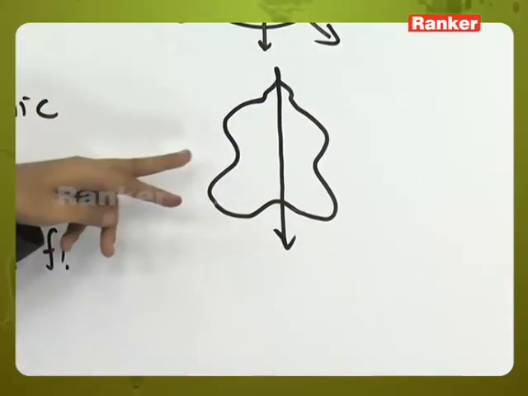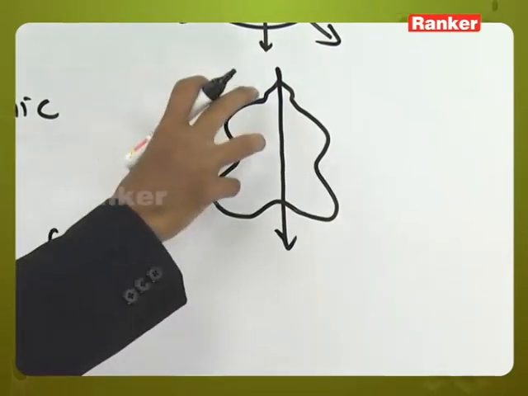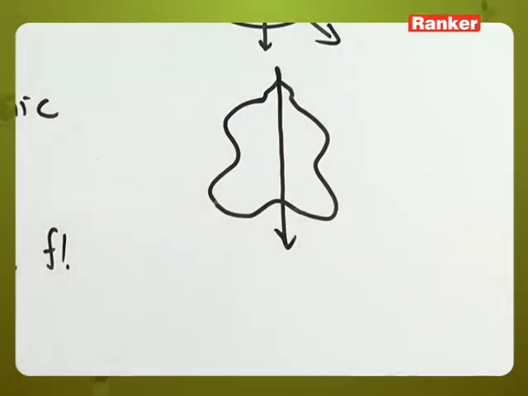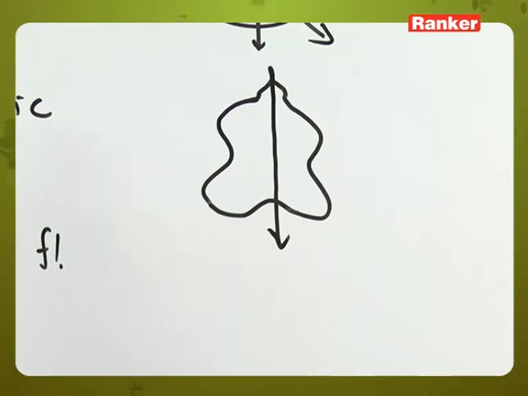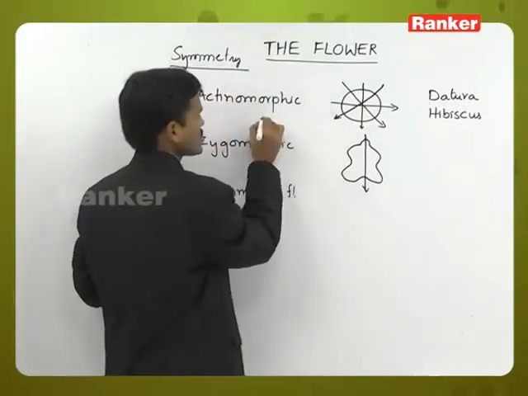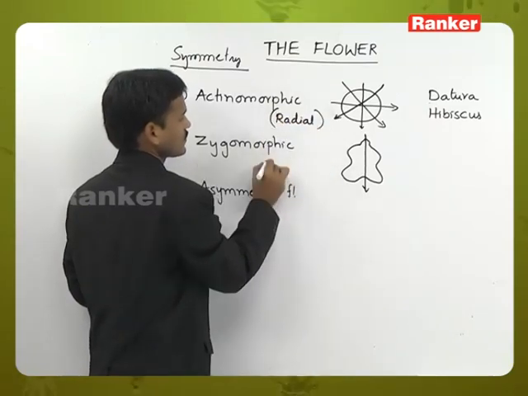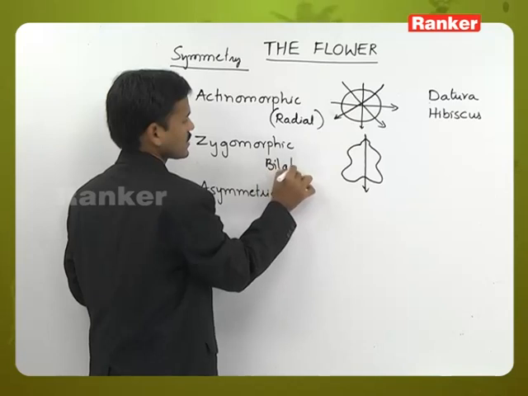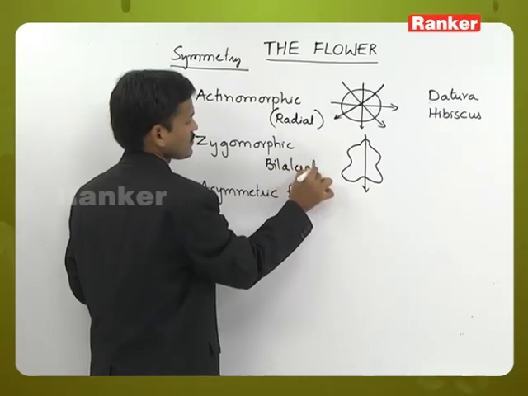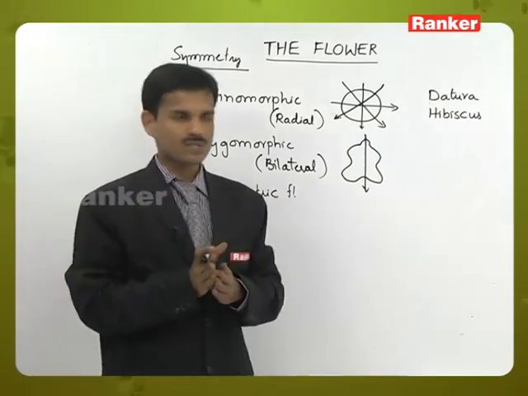So we cannot cut this diagram into two equal halves by any other plane. This type of symmetry is bilateral symmetry, only two equal halves.